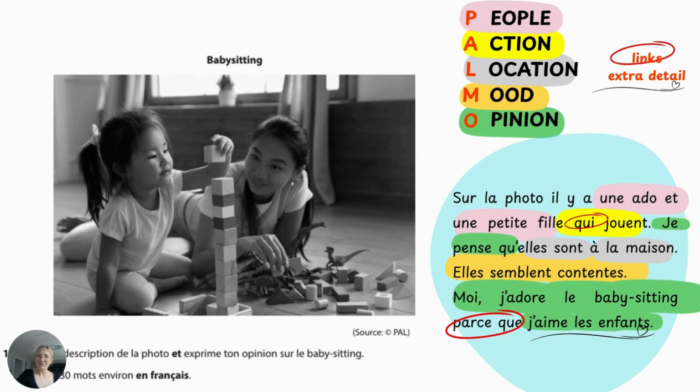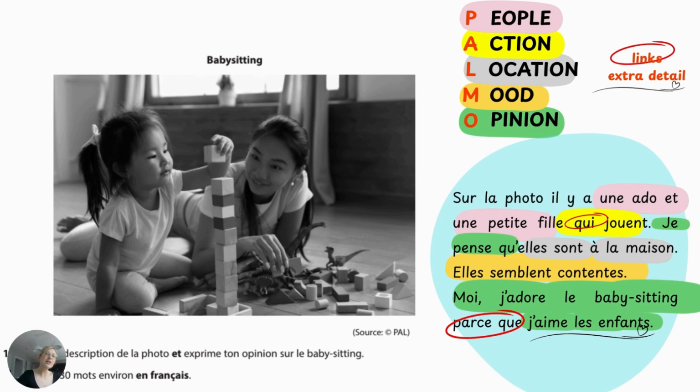So, semble ends in ENT again for they seem, because just like with joue, we're referring to more than one person. So it's plural, so we add an ENT on the end of that verb. And then content, happy, is our adjective. I would really learn that one, content, because on most photos, to be honest, the people are happy. And even if they're not, you could say, I think they seem happy. Yeah, just learn that one.